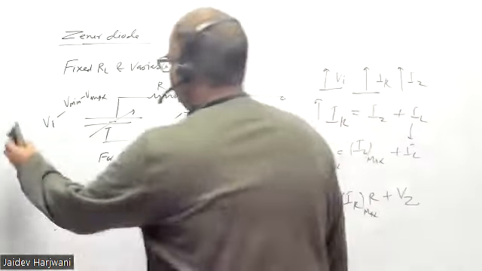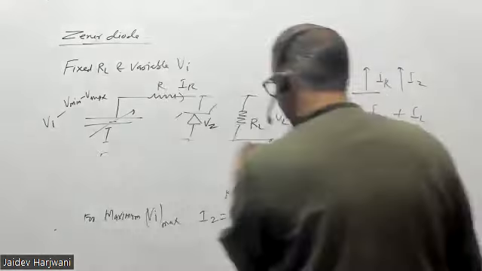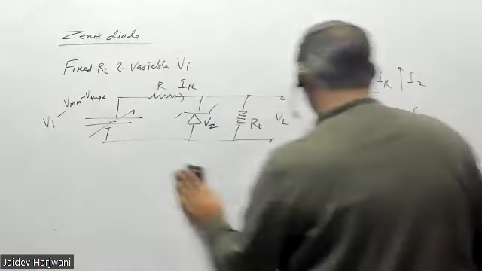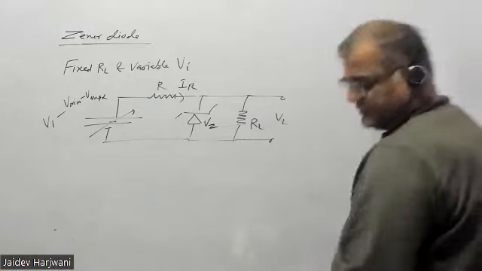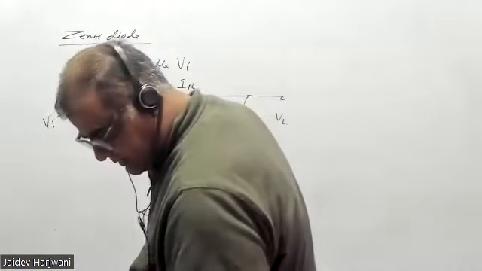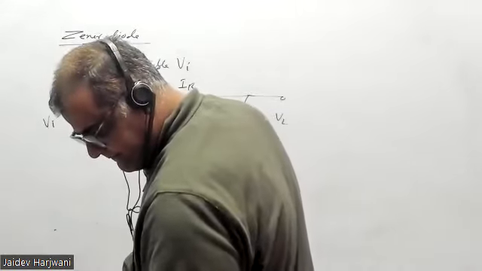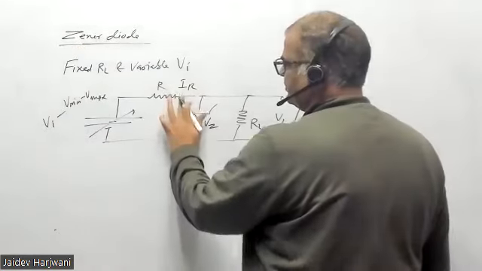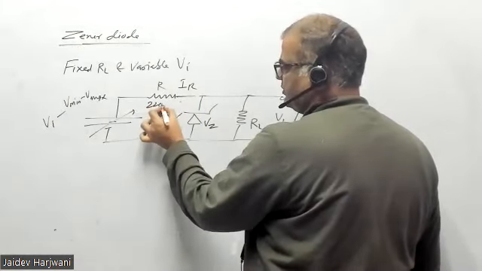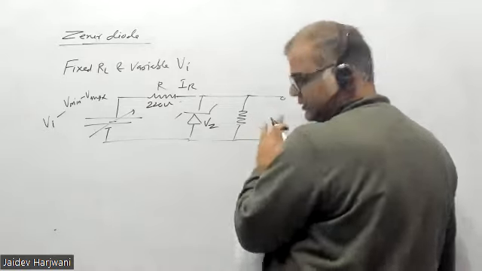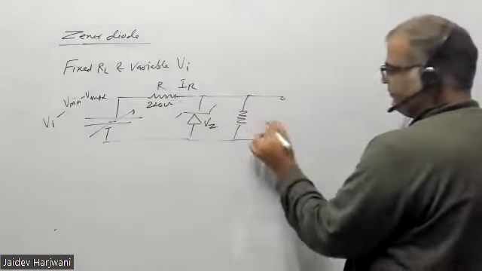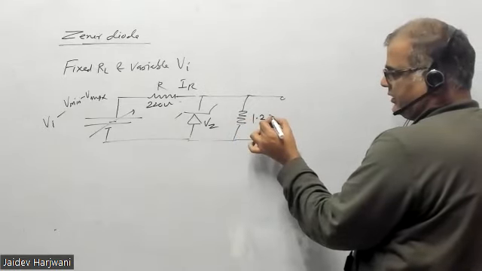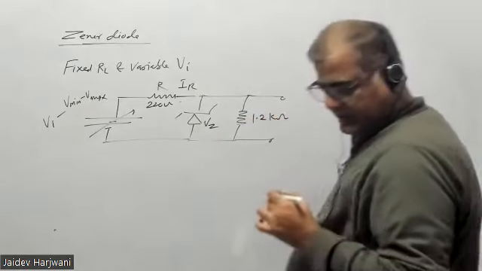Let me give you one question and you have to tell me the value of minimum and maximum. R is given as 220 ohm. RL is given as 1.2 kilo ohm.